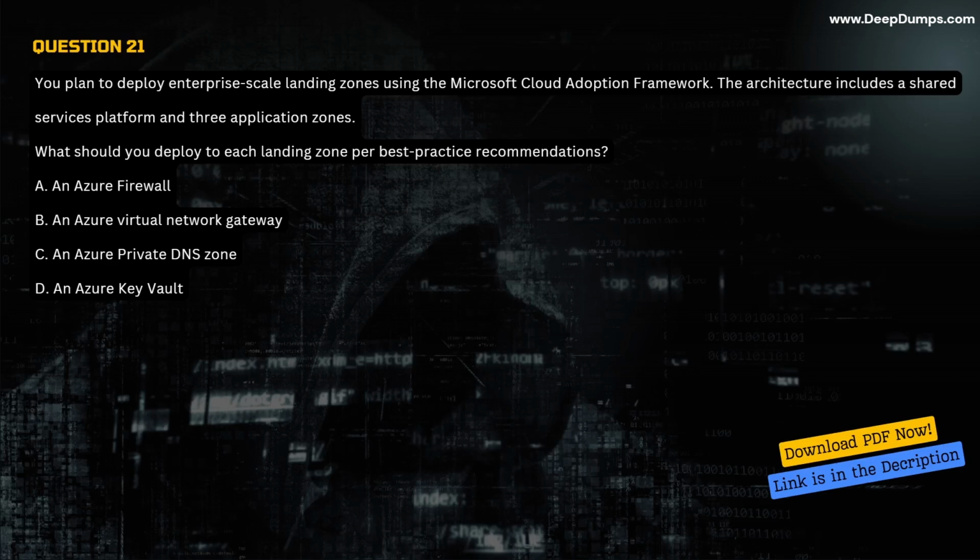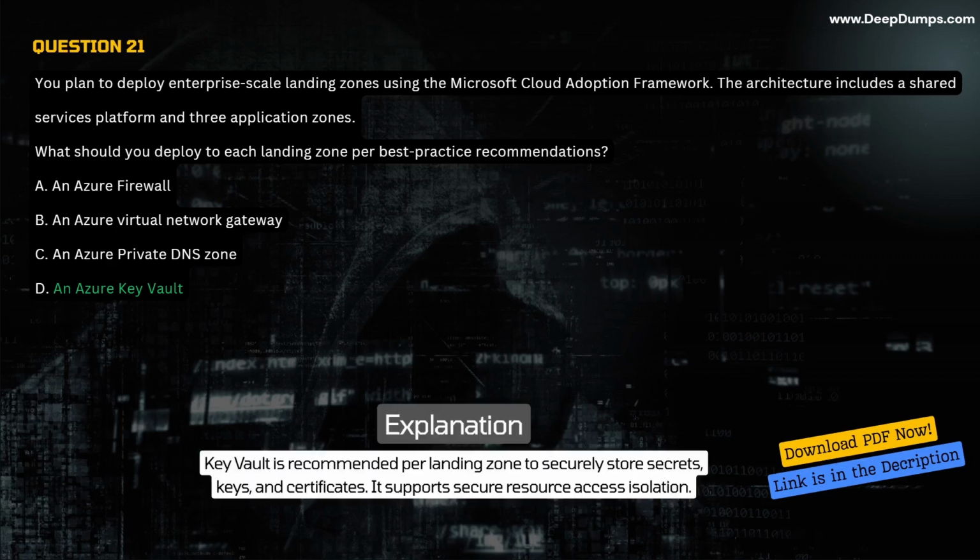C. An Azure Private DNS Zone. D. An Azure Key Vault. Correct answer D. An Azure Key Vault. Explanation. Key Vault is recommended per landing zone to securely store secrets, keys, and certificates. It supports secure resource access isolation.